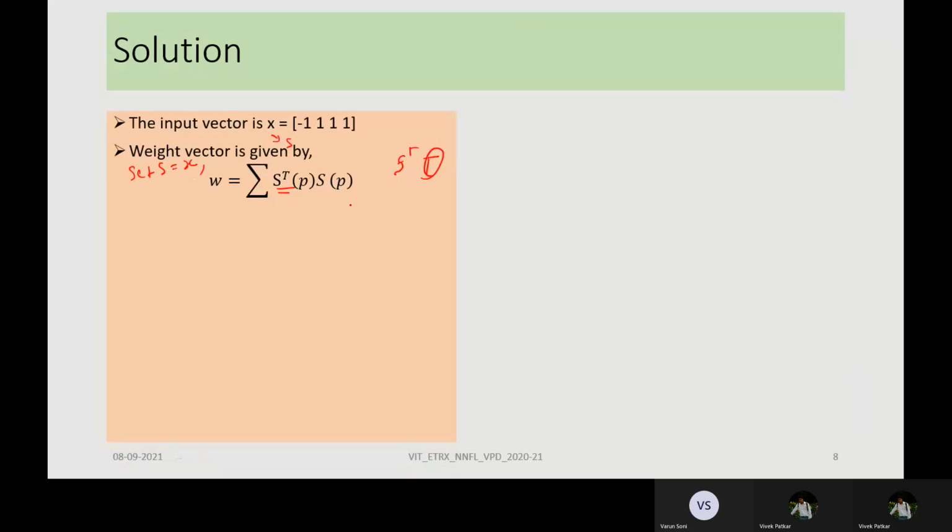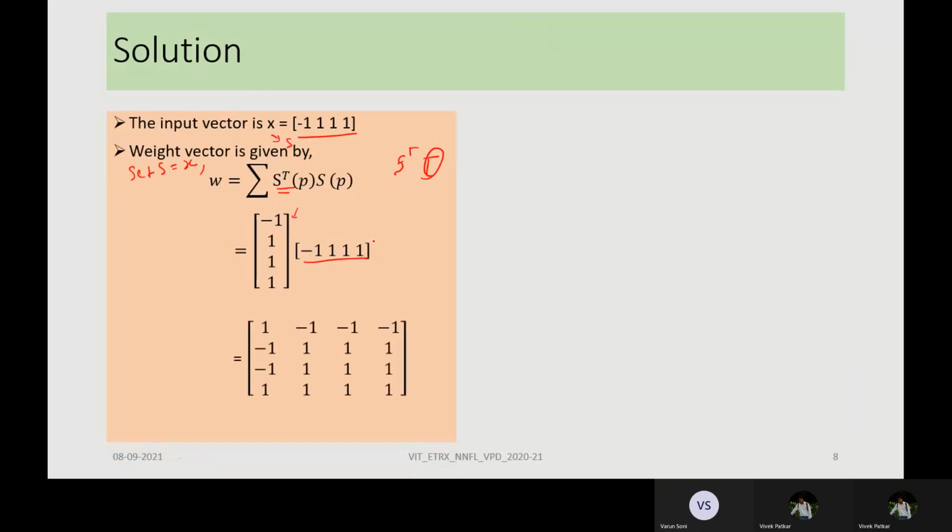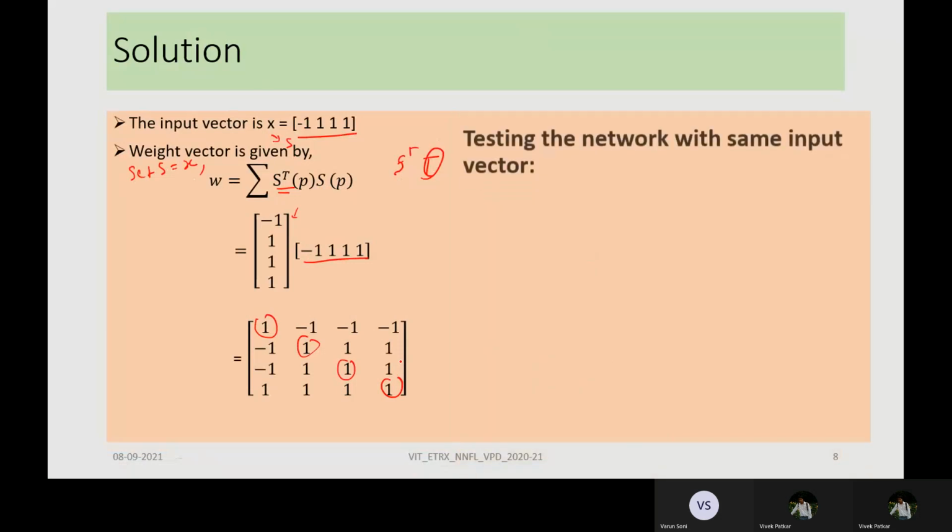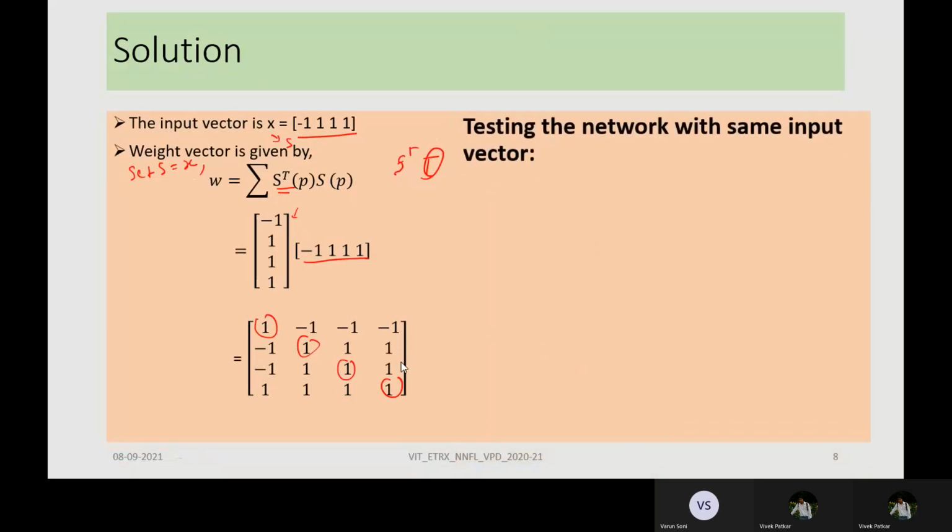Clear? So let's substitute there. This is the S transpose, इसका transpose, and this is S. We multiply and we get this kind of matrix. अभी without self connection, question में बोला नहीं है, so let's not make. Other question में बोला, so you have to make this 0. Okay. So this is done. एक ही sample था, तो अपना weight matrix is designed.